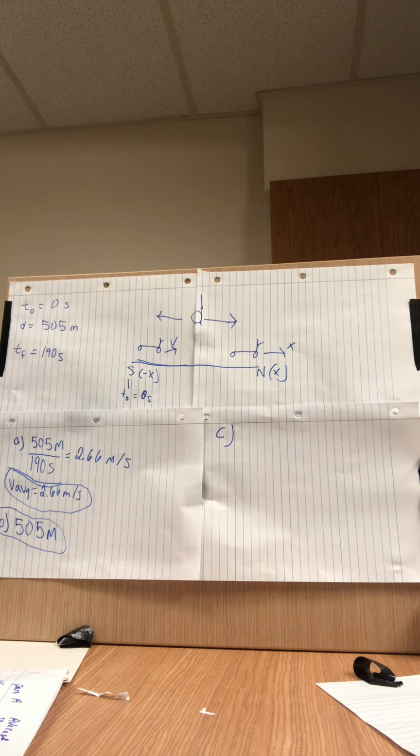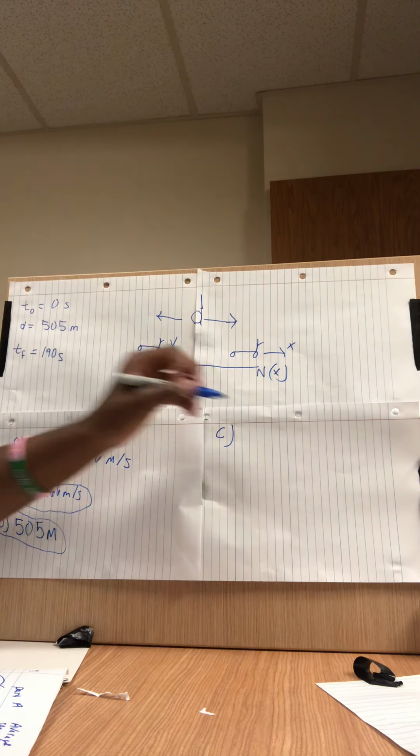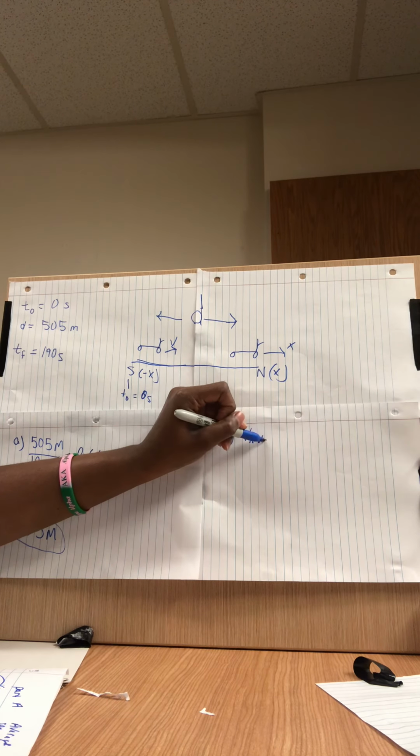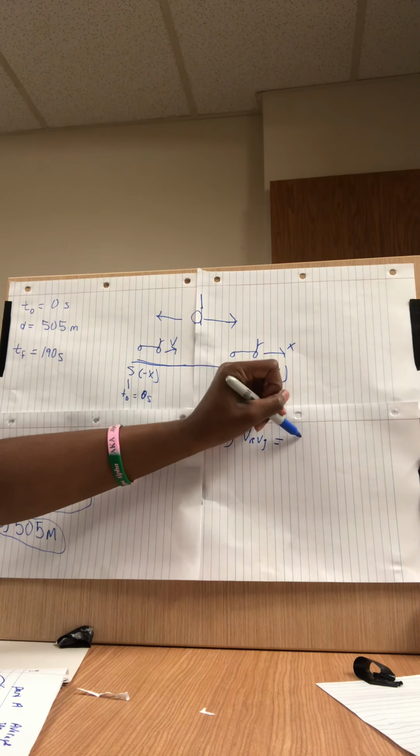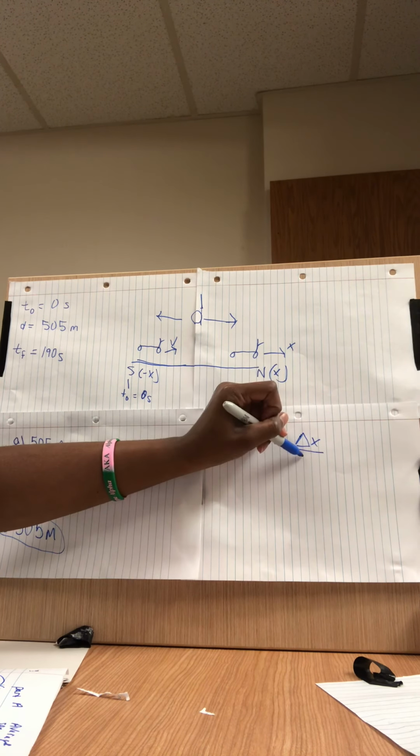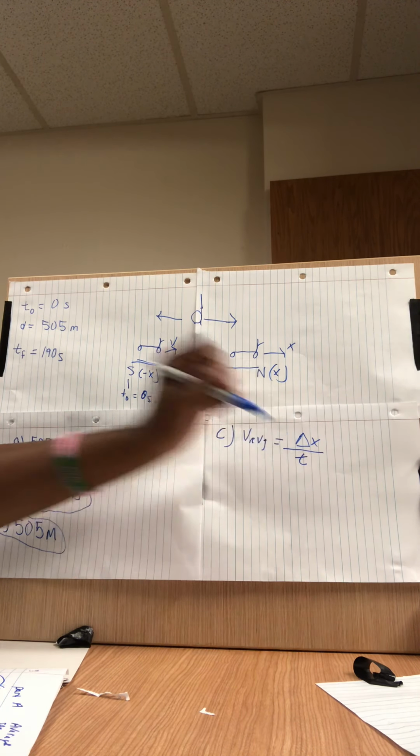Letter C asks, what was the motorcycle's average velocity in the northern direction, v average, in this period in meters per second? So to find the v average, which is velocity, the average velocity equals displacement divided by time.